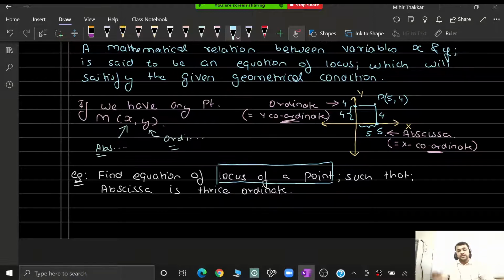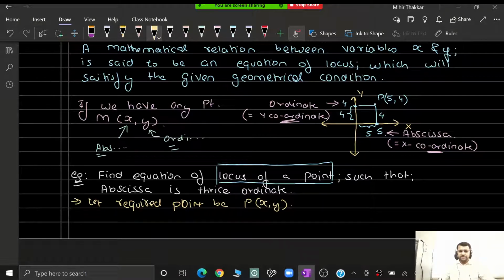We have to identify the point, only then we would be able to get the required equation. सबसे पहले I will define my variables. Let the required point be P(x, y).